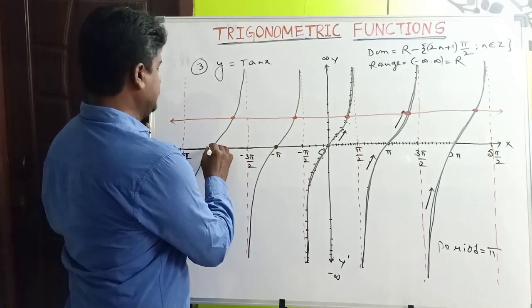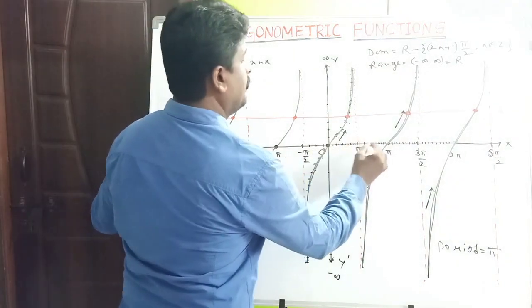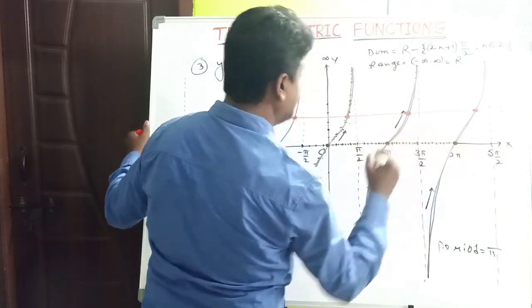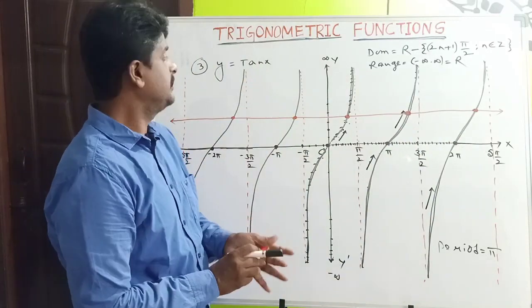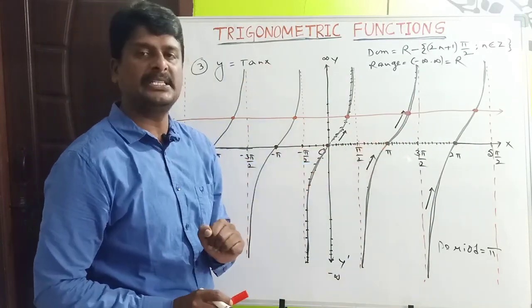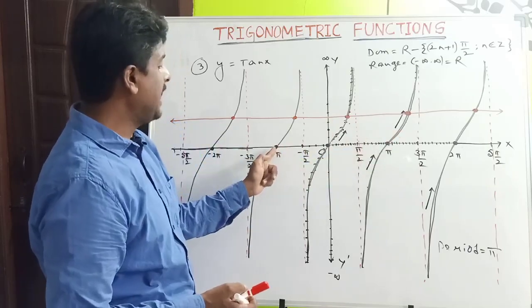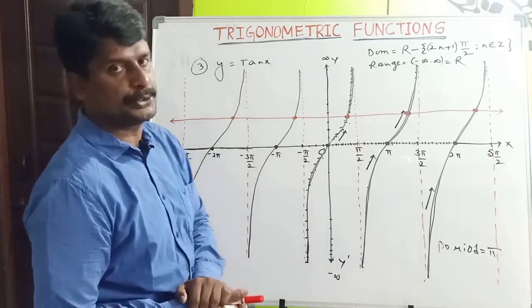At these points, wherever the graph intersects the x-axis, tan x is equal to 0. That is, tan 0 is equal to 0, tan pi is equal to 0, tan 2 pi is equal to 0, tan minus pi is equal to 0, tan minus 2 pi is equal to 0.